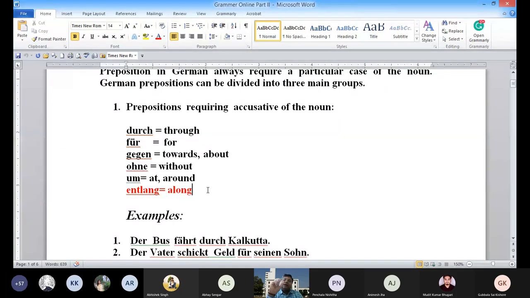Like we say, in the room. So in is the preposition, the is the article, room is the noun. These three words make a phrase, and phrases cannot be broken.